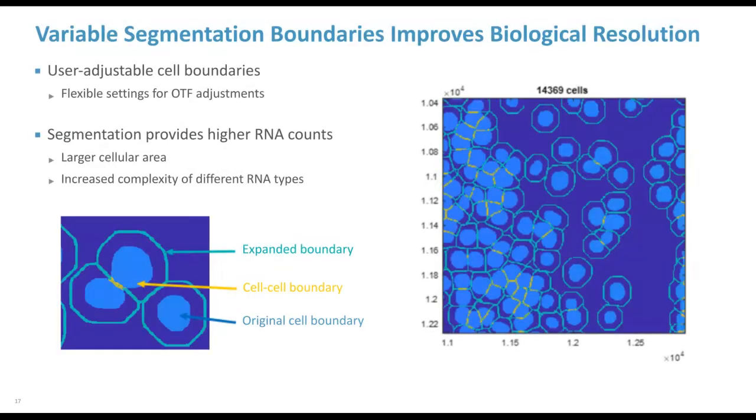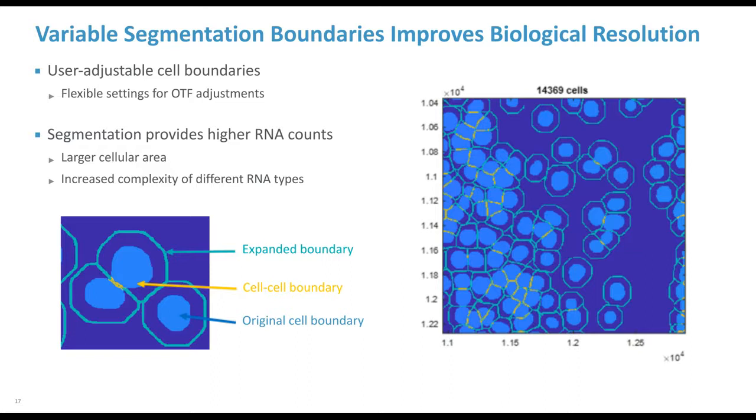Additionally, because there's going to be a wide range of tissue types coming into our platform, we've developed tools that allow researchers to customize or adjust the segmentation capabilities within their individual experiments. This allows researchers to set defaults, but then also adjust the segmentation boundaries to identify larger or smaller or more complex cell morphologies.